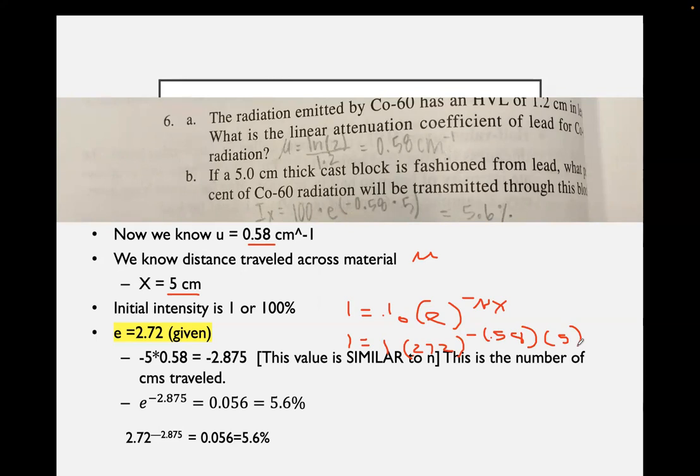So 2.72 to the negative 2.9 equals 0.05. I got 0.05, and then times 100, that would be 5%. So that would be the answer there.